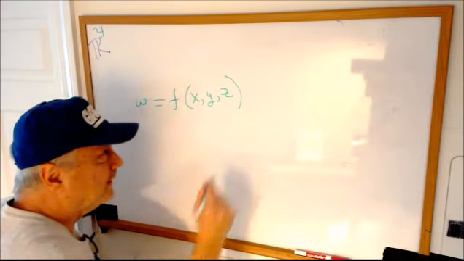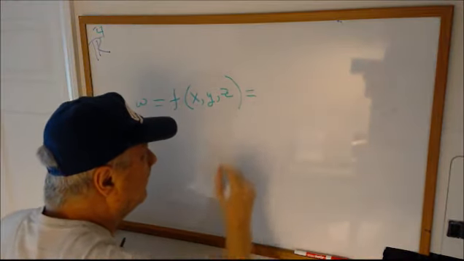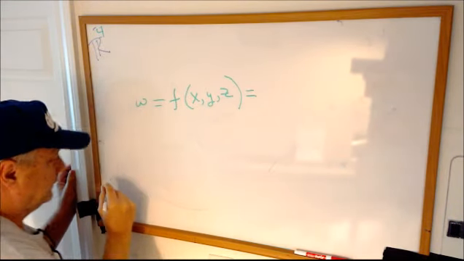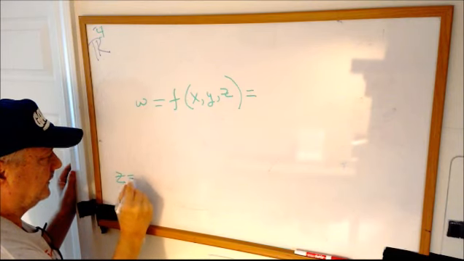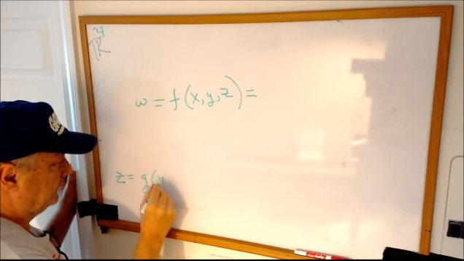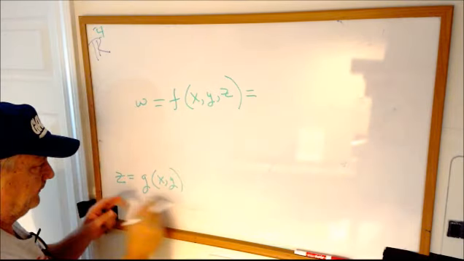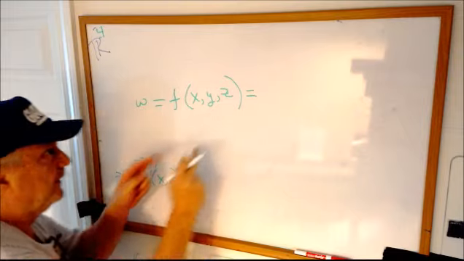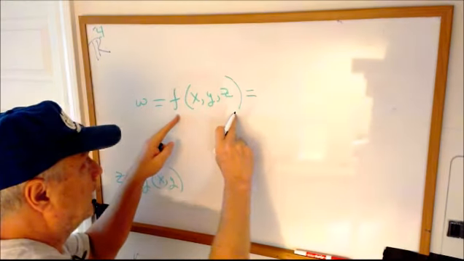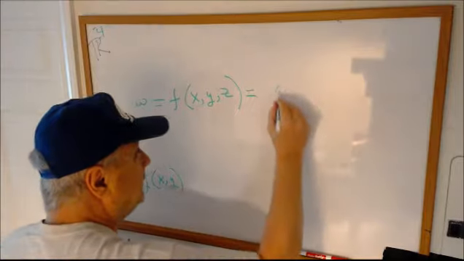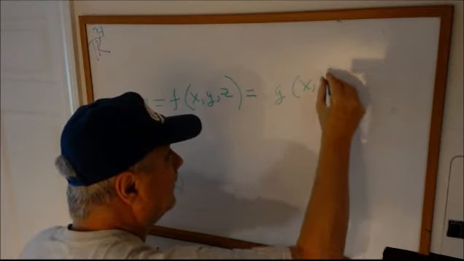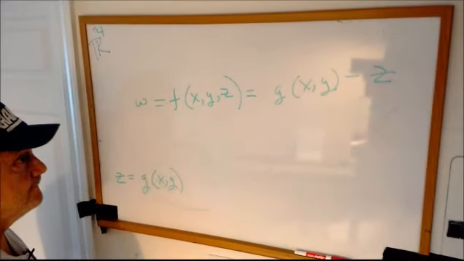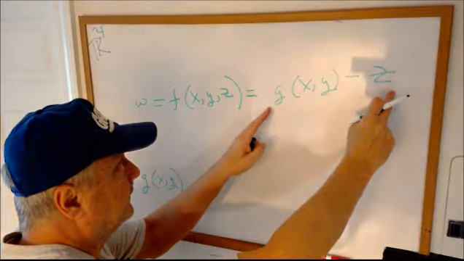If we can write z as some kind of function g of x and y, in other words, if we can write it explicitly, then we can write this function as g of x, y minus z. Okay, we can just break it into 2 pieces.